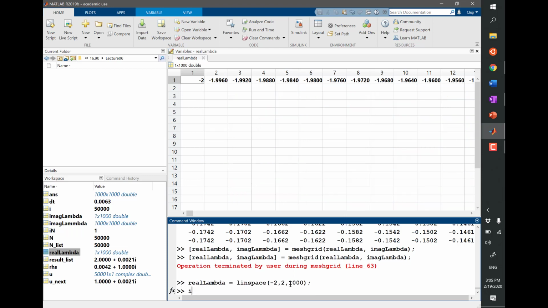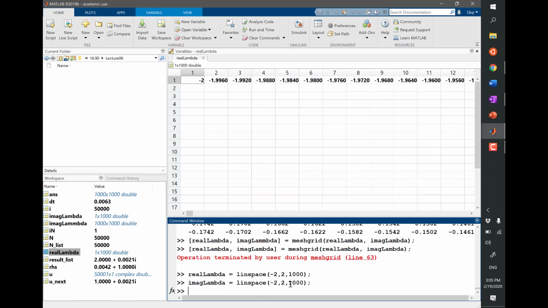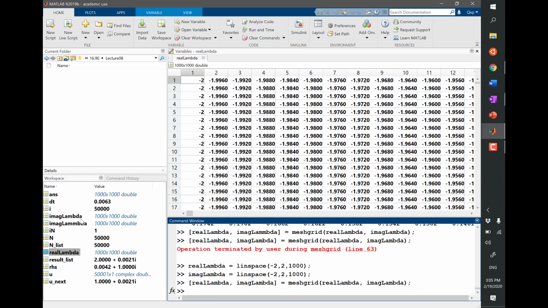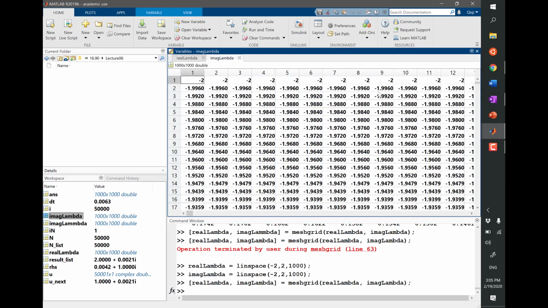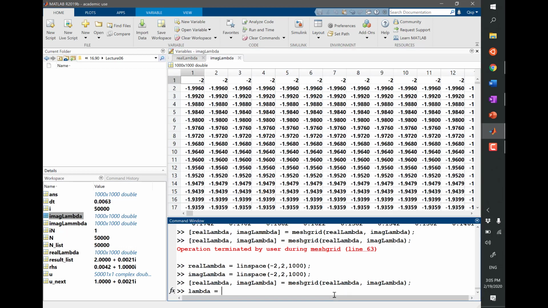Let's do it again. Real lambda, imaginary lambda is equal to this, and this one doesn't have the typo. So the real lambda changes in the different columns, and the imaginary lambda is the same for every row, but it changes over the rows. Then let me say lambda is equal to real lambda plus imaginary lambda times 1j.